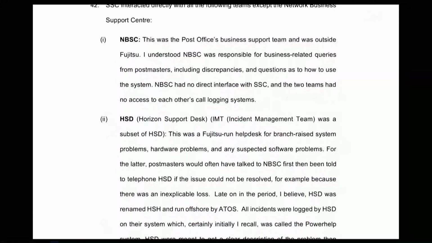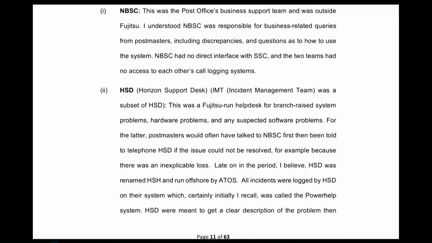In paragraph 42, Roman 2 of your statement, which is on page 11, if we scroll down, please, thank you, you describe the Horizon support desk.